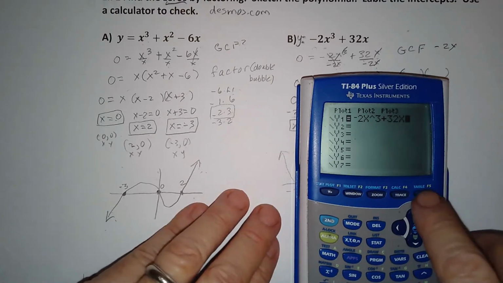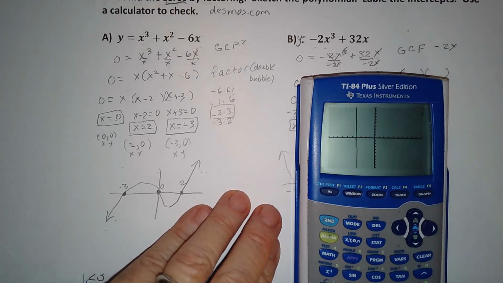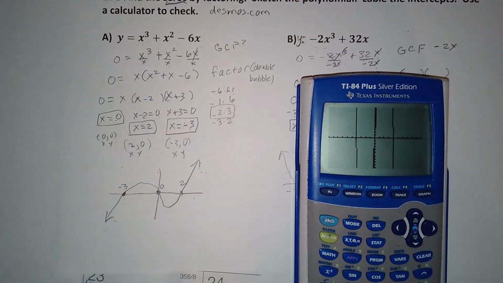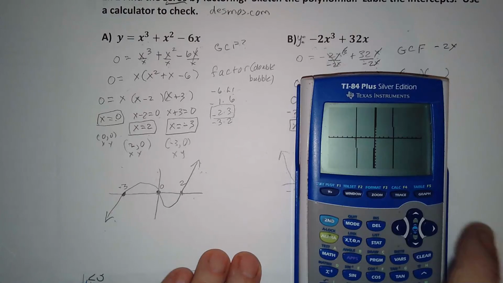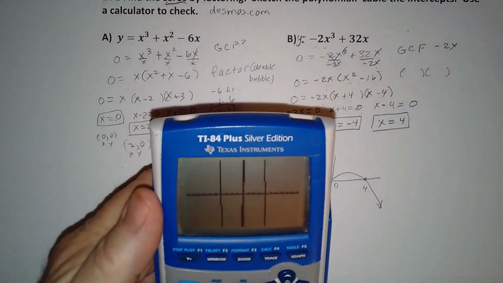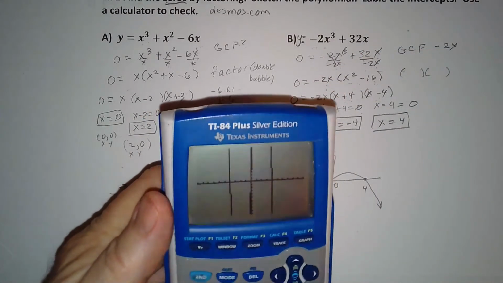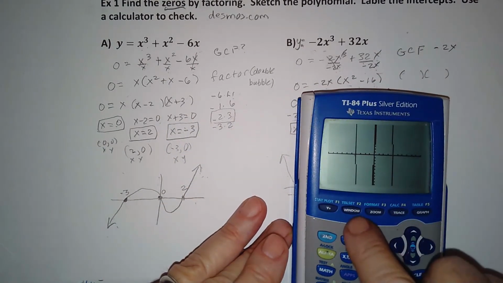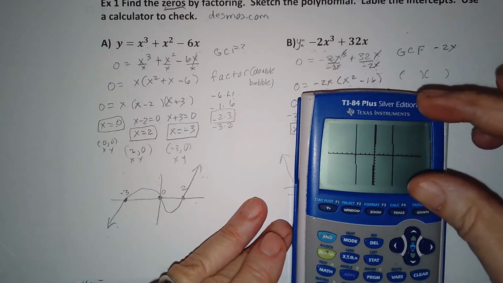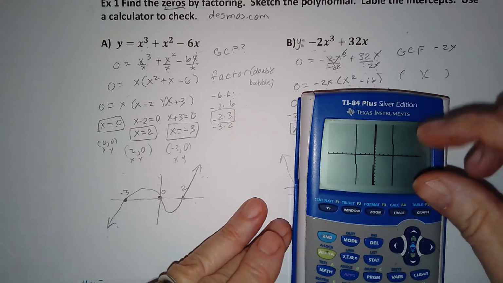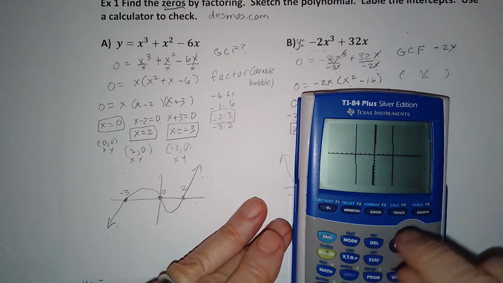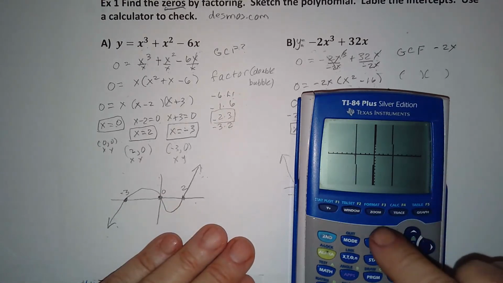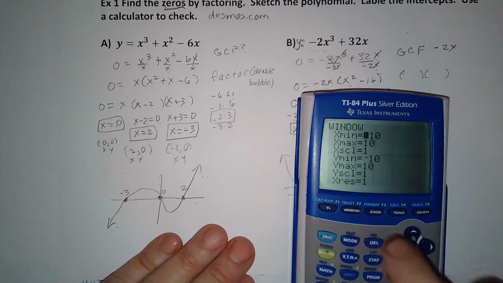Then we go up here and click the graph button. Ooh, now that is off the charts. So I'm going to have to change the window so that I can see it. I'm going to have to scrunch down the y value and make the y minimum and maximum something less. So let's go over to the window screen.